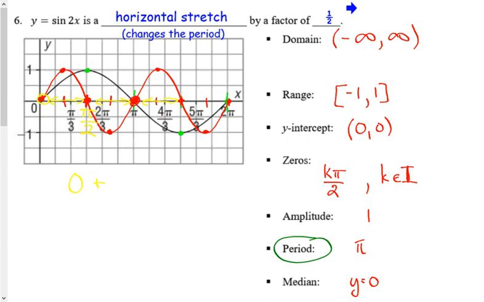So I'm going to add on basically pi over 2 times k. But typically, just my habit, I stick the k in front and then say k would be an integer. And we'll do the same thing once we start having phase shifts. You'll just pick one of the intercepts and then you'll add multiples of the distance between them. So that'll come up in the next one. Any other questions with number 6?